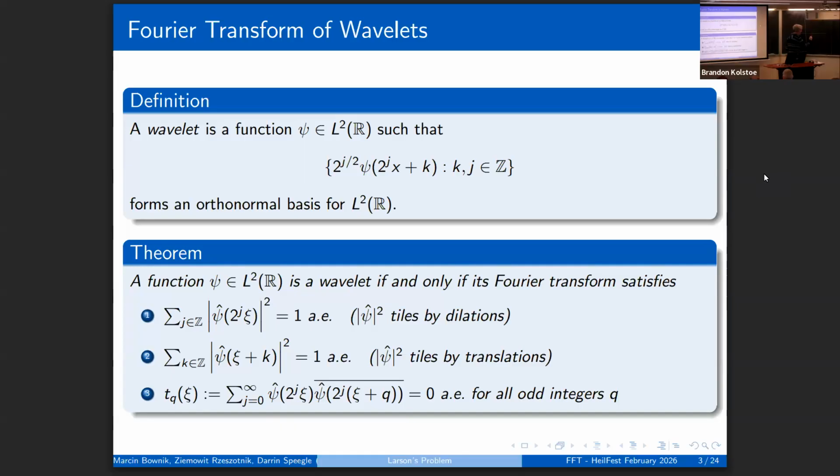So I'm going to draw a picture of the modulus of ψ hat, and then I'm going to have the negatives too. So what you can do is you can take pretty much any function you want in between 1/3 and 2/3, right?